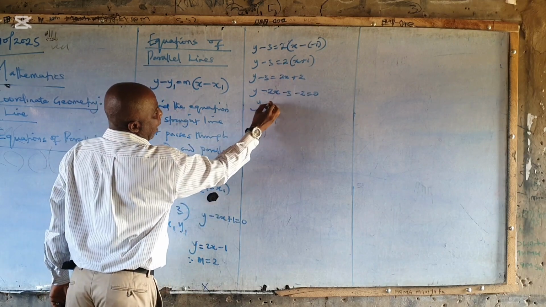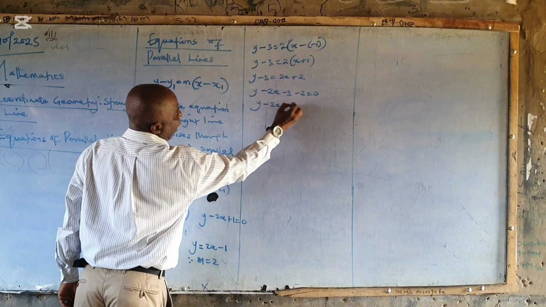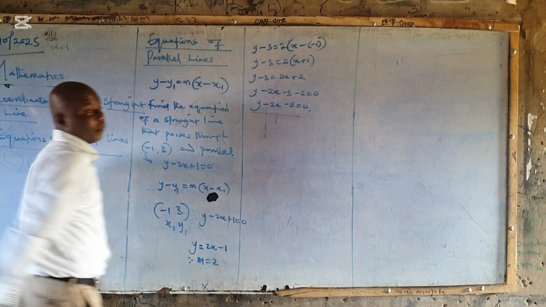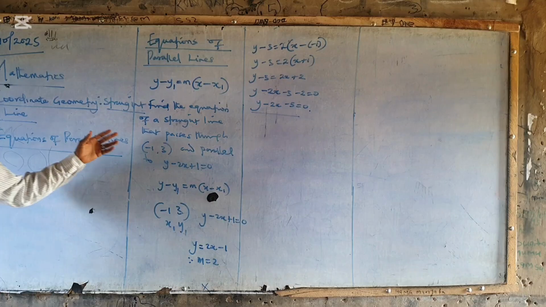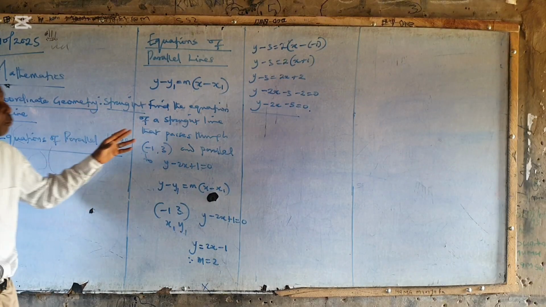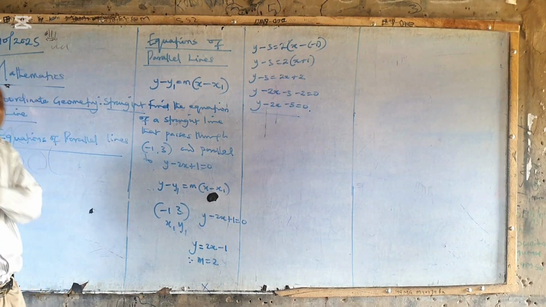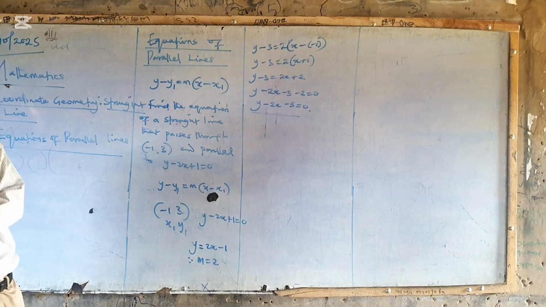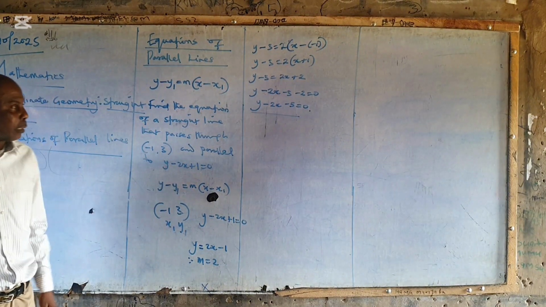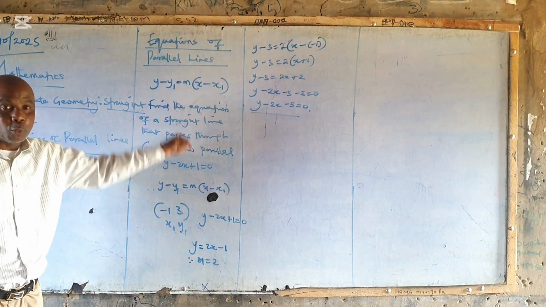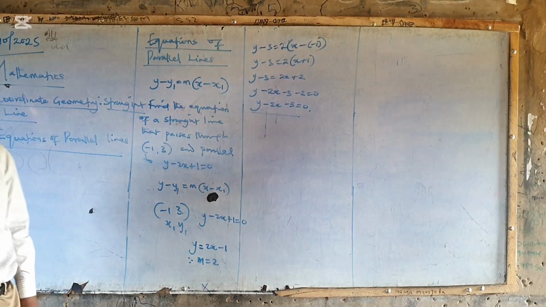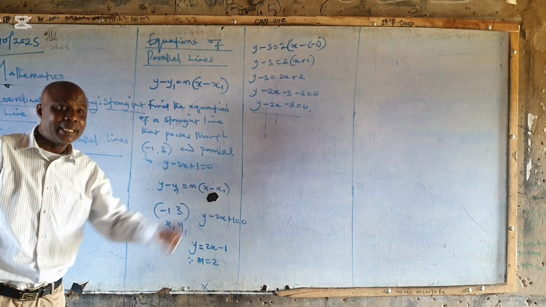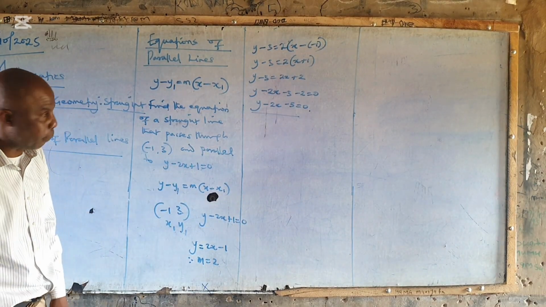Then you have y minus 2x minus 5 equals 0. That is the equation of that parallel line. So when they say the line passes through a point and is parallel to another straight line, you should find the equation. You get the coordinate of the first one given and also rewrite the equation of the other line if it is not already written in gradient intercept form.